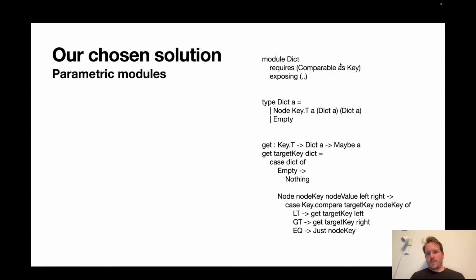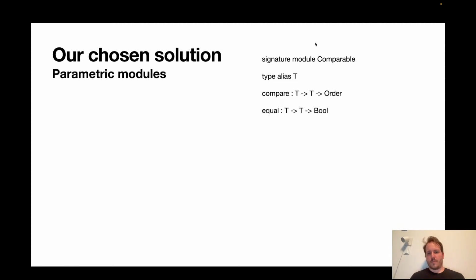And the way you use this comparable, in fact, I'm just going to show you what the comparable is. So a comparable is a module. It's a special kind of module called a signature module. And comparable only contains type definitions. So we are saying that a module is comparable if it has a type alias t, and it has a compare function that works on t to return an order, and that it has an equal function that takes in two t's and returns a boolean.